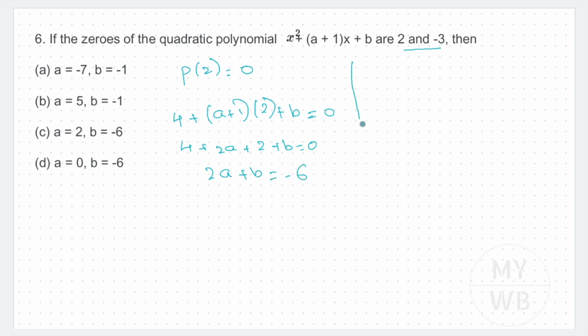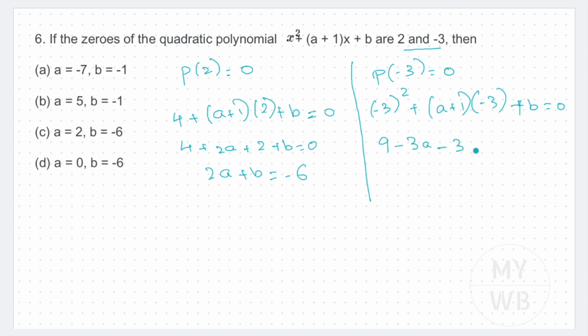The other 0 given is minus 3. So if we substitute minus 3, again the value will be 0. Minus 3 square plus a plus 1 into minus 3 plus b is equal to 0. 9 minus 3a minus 3 plus b is equal to 0.